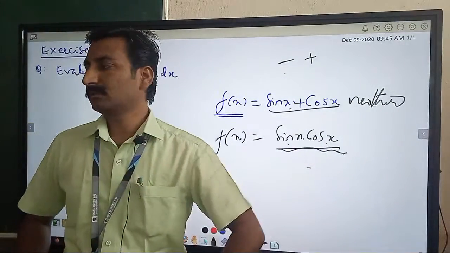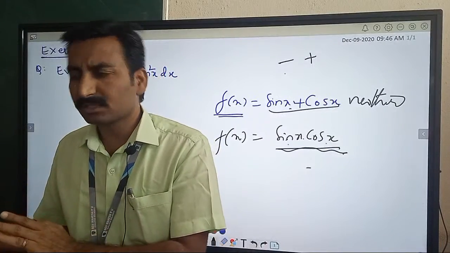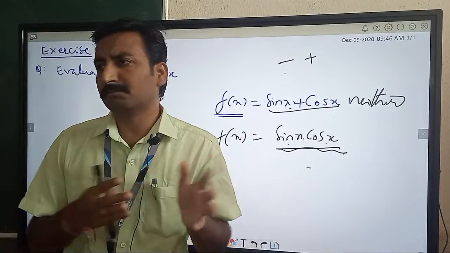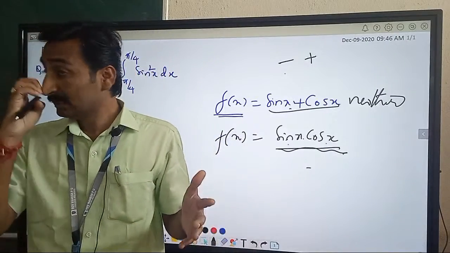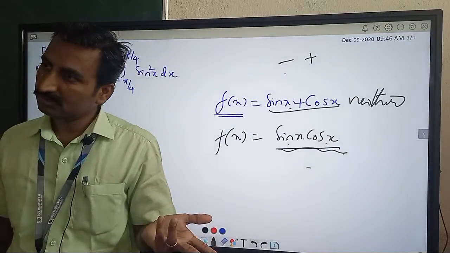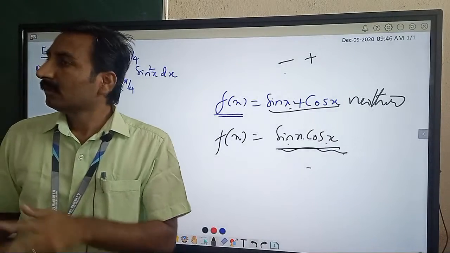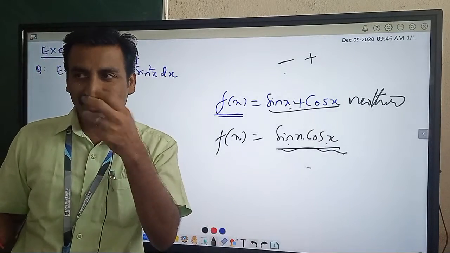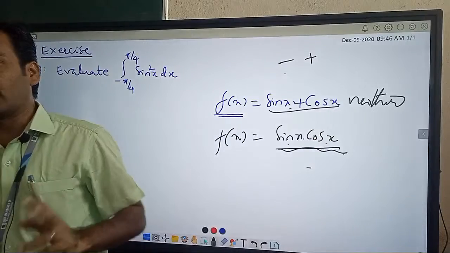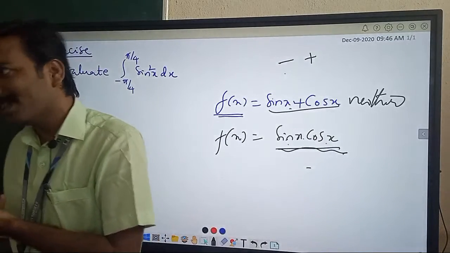An even function, whether you multiply it an odd number of times or an even number of times, doesn't change. See, cos x into cos x, cos square x, cos x 3 times, cos cube x. You are taking plus any number of times, and there is no problem with the plus.